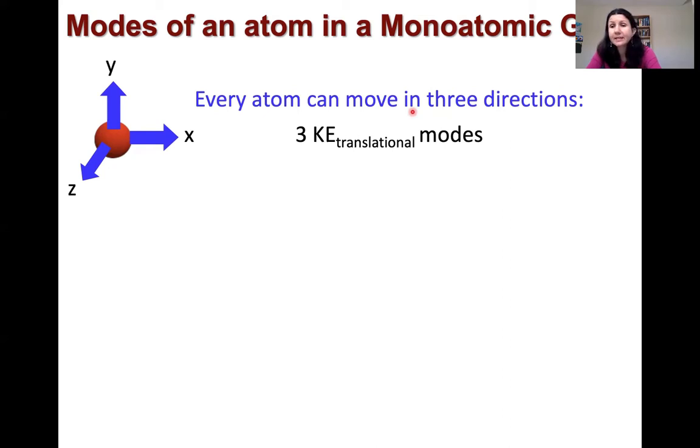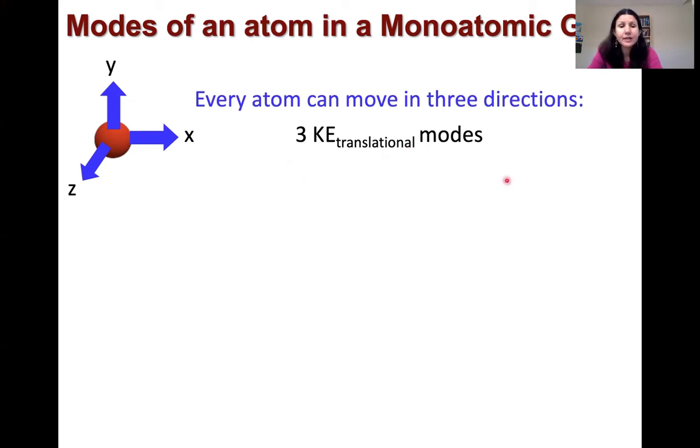But in that case, we have potential energy again. So far when we've been saying that gases only have kinetic energy, we really meant monatomic gases, because the only type of energy they have is the energy due to their motion. So there are 3 kinetic-energy-only translational modes. Translational just means it's a type of kinetic energy where things are just translating in space, compared to rotational, which will become important shortly for our diatomic gases and so on.